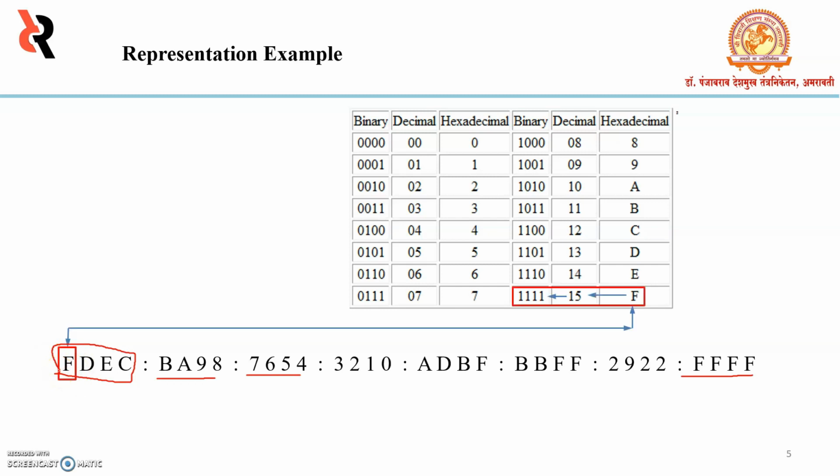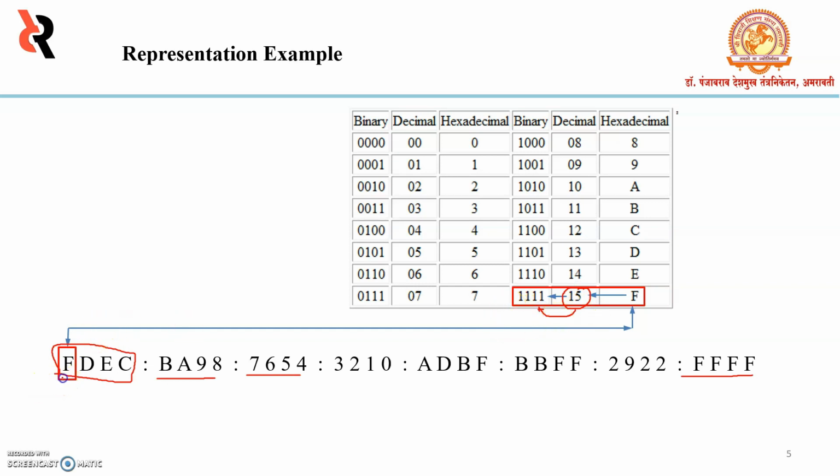This F came from this one, that is F is the hexadecimal form. When we convert this hexadecimal format F into decimal, it is 15, and when we convert this 15 into binary, then it is 1111.